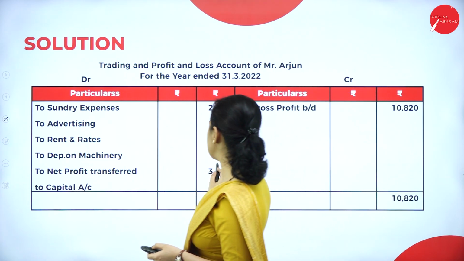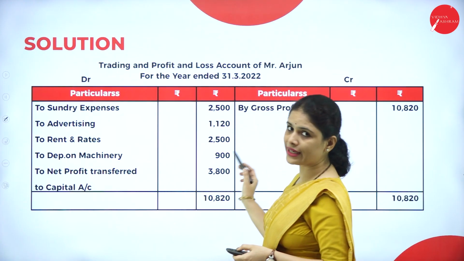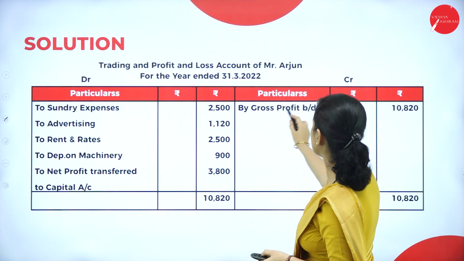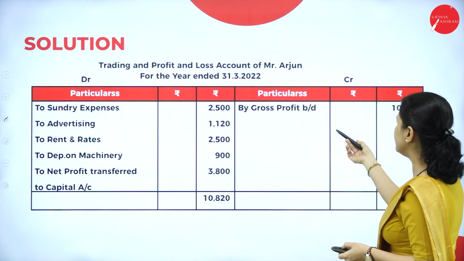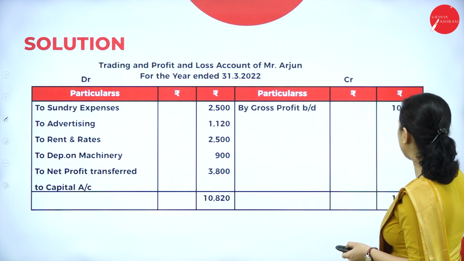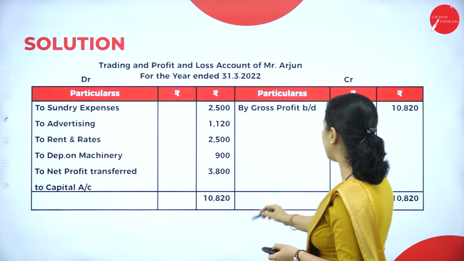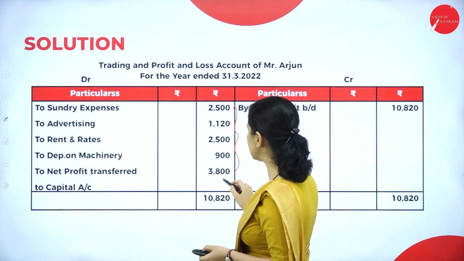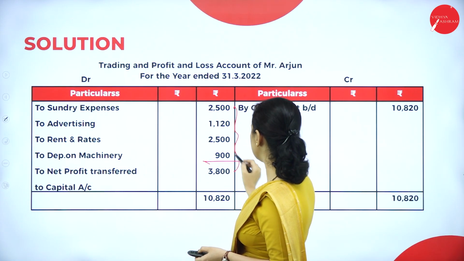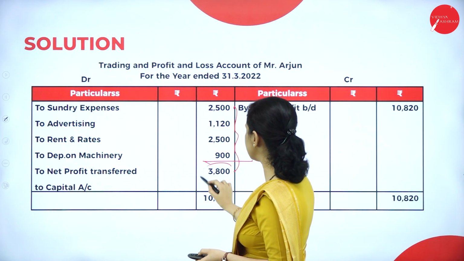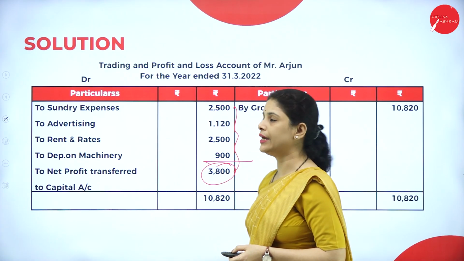Next, net profit transferred is 3,800, the balancing figure. Here the gross profit of the trading account, 10,820, will come. We deduct all these from this 10,820, and the balancing figure will be the net profit.